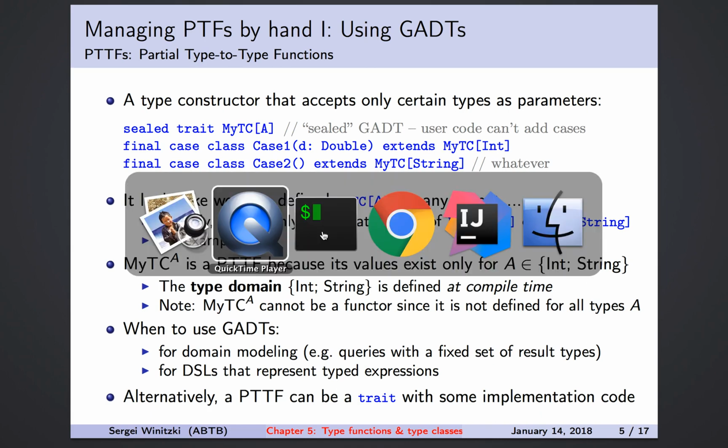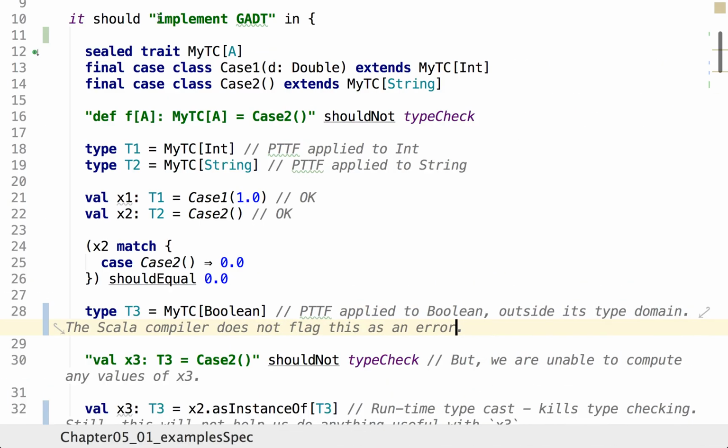Let's see how the code looks for this. So here's the code. If I want to pretend that I have a value of type myTC of A for arbitrary A, I cannot do that. I have to create it in some way. The only way to create it is to use case 1 or case 2. Neither one would work.